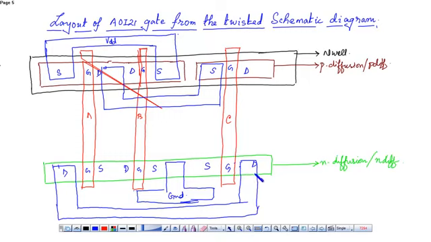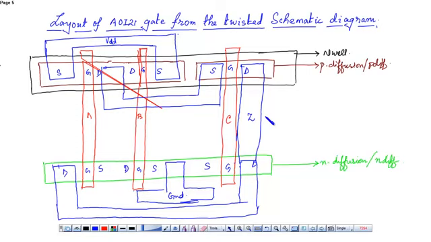This common drain is connected with the drain of the PMOS. With this drain. Now this is the output Z.